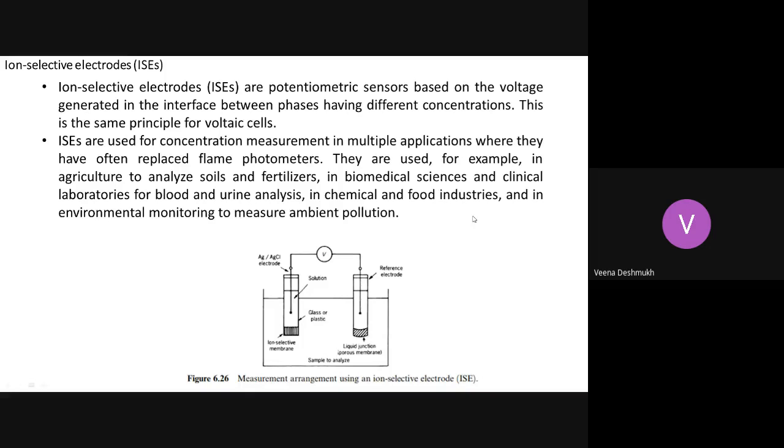So, a good number of applications, starting from the simple food industry, agriculture, then the pharmaceutical industry or biomedical applications. So you find sensors in almost every sphere of life.